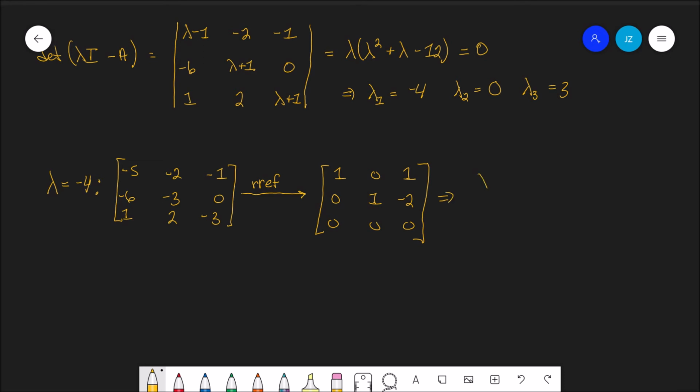Interpreting this, this will give us that x1 is equal to negative x3, and x2 is equal to 2x3. This means that x3 can be any real number we want. Set it equal to 1.